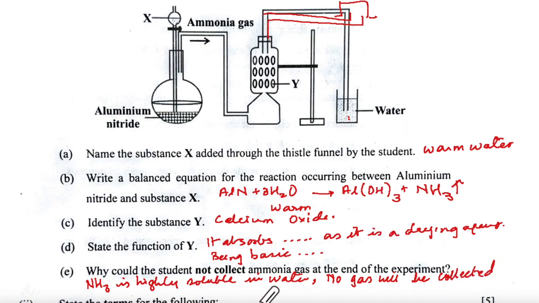No gas will be collected, and what you will say instead, what will be formed over there? NH4OH solution will be formed in the jar containing water. I don't have space, so I'm writing it this way.